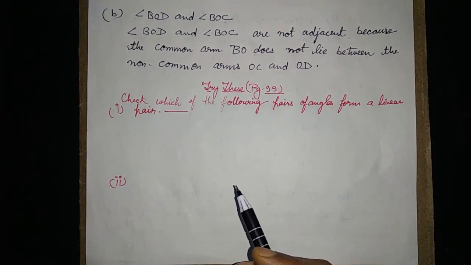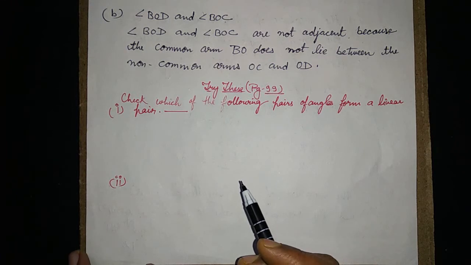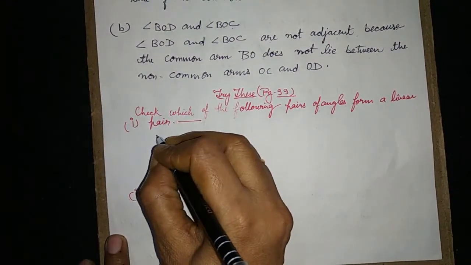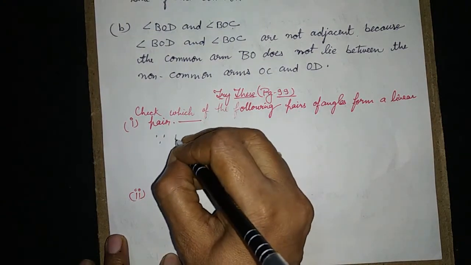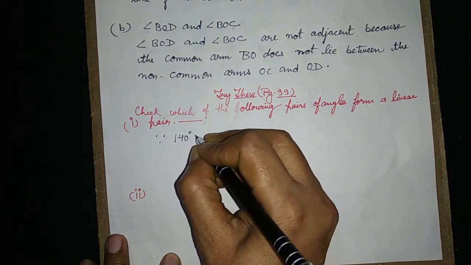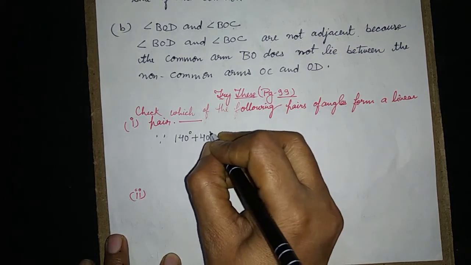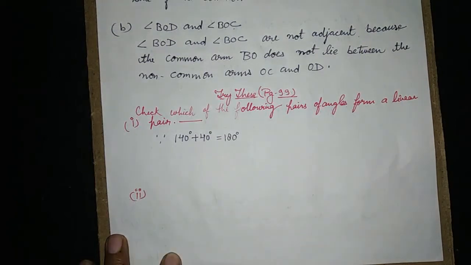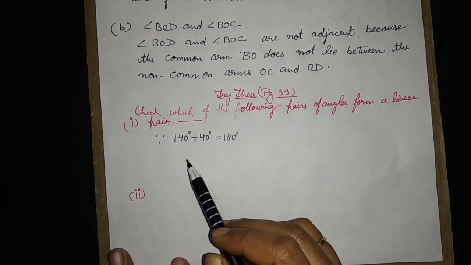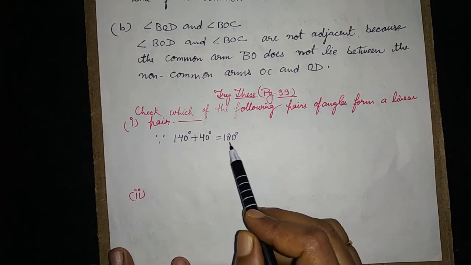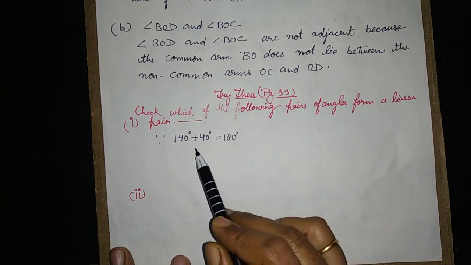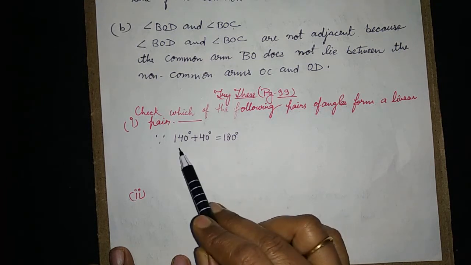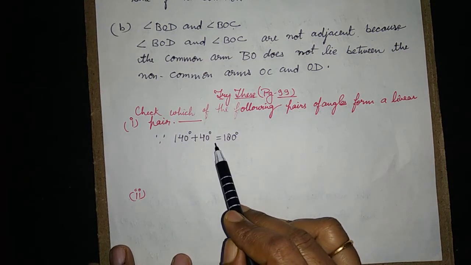140 degrees and 40 degrees are the measures of the given angles. So first we will add the measures: 140 degrees plus 40 degrees is equal to 180 degrees. Here the sum is coming 180 degrees. So these two angles can form a linear pair.